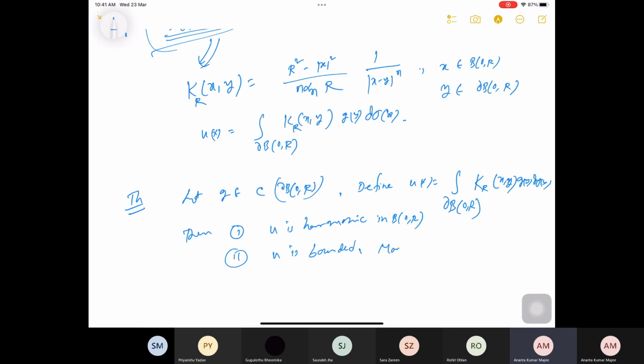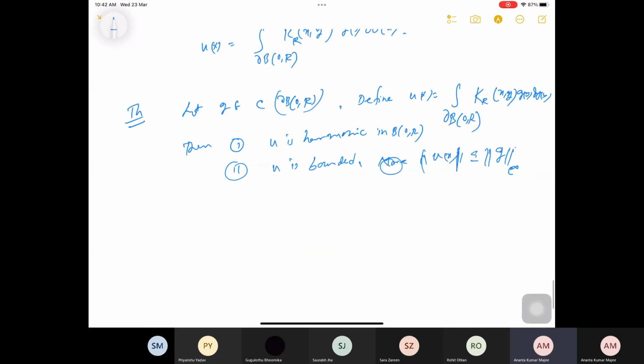More precisely I can say that mod u of x should be less than or equal to some constant times the L infinity norm of g, no? Okay, actually if you see, the integral over this k_r of x, y gives you 1. And the third thing is that it should satisfy your boundary condition.